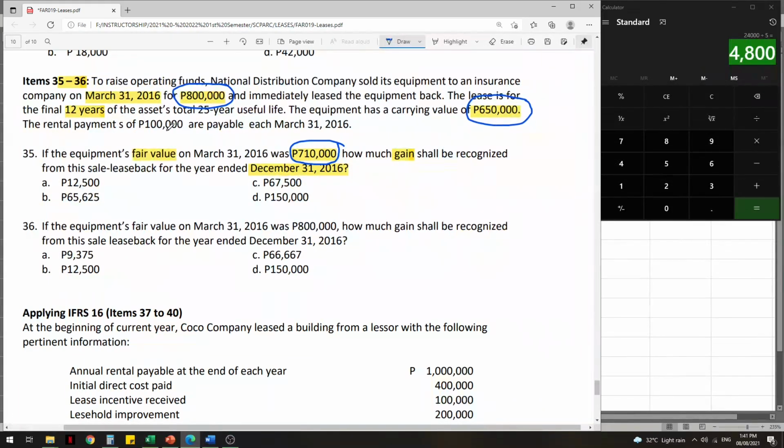And the rental payment of 100,000 is payable each March 31, starting March 31, 2016 and every March 31 onwards. So the rental payments are in advance.